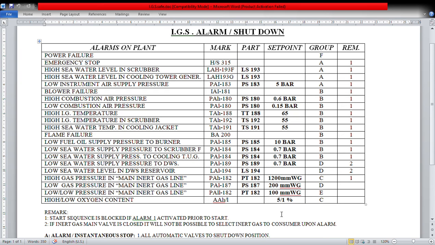If you are not aware of it, we have already covered it in one video. You can refer to my videos about the flammability diagram, the 8% and 5%, and the rich to lean mixture and all those things. From there you get this 5% and 1% mark.